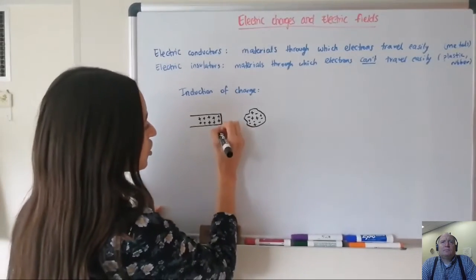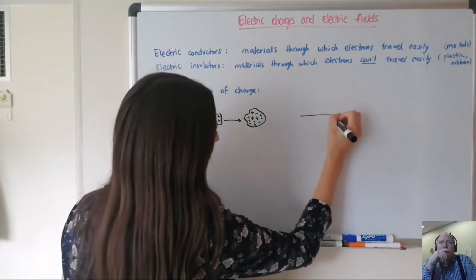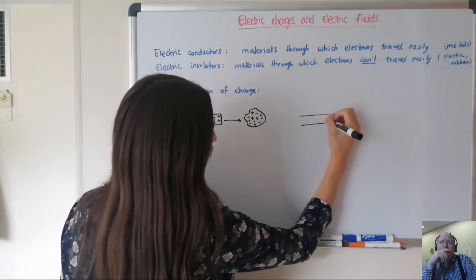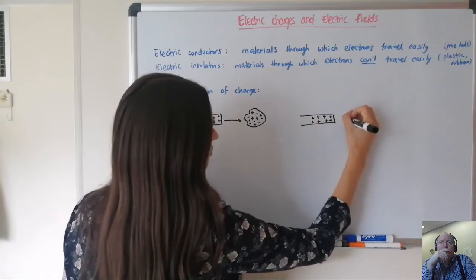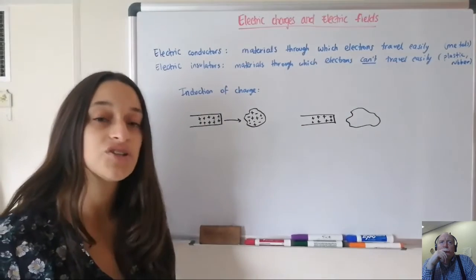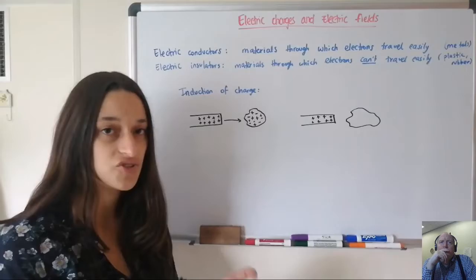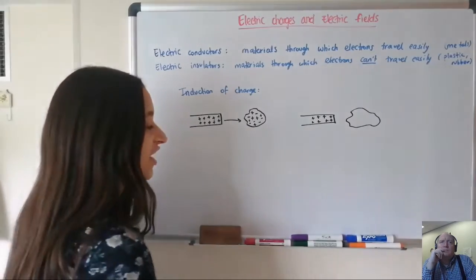But when you bring it close to a piece of paper, the charges are going to move. What you need to know about charges is that like charges repel, and opposite charges attract.